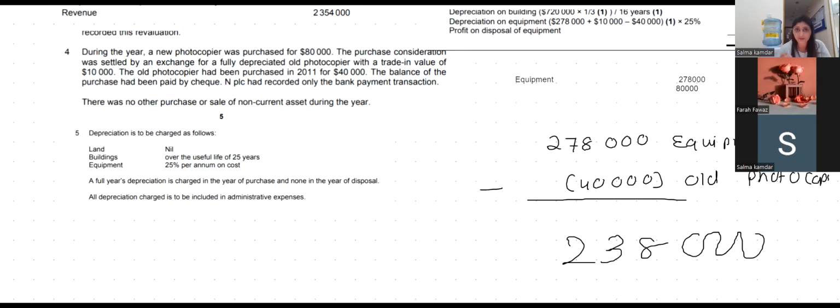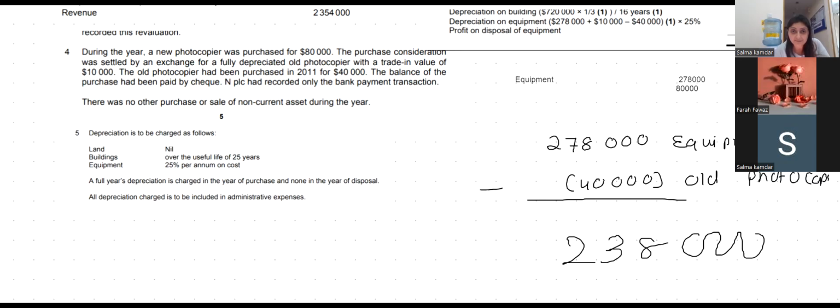New photocopier was for 80,000 and the purchase consideration was settled for a fully depreciated photocopier. That means you gave the old photocopier, you took the new photocopier, and you have paid 10,000 rupees, right?